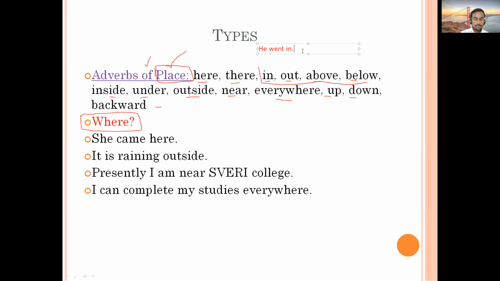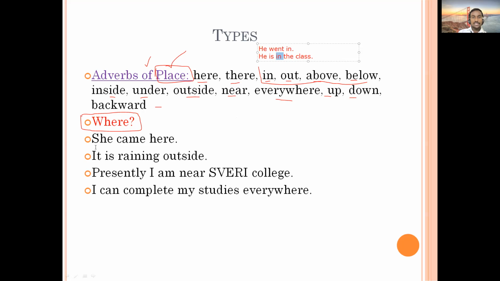Another example: he is in the class. In this case, in is a preposition. You have to understand that he went in is talking about the verb, that is went, the action, and it talks about the place, in. But in he is in the class, in is a preposition, not an adverb. Okay, like this.